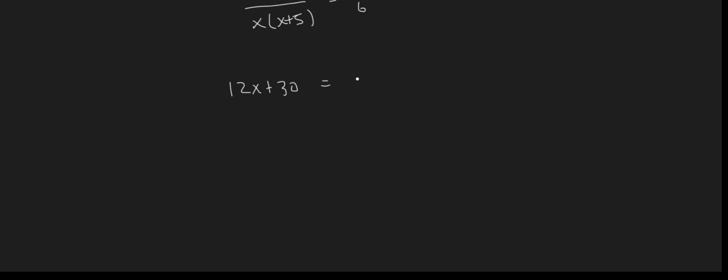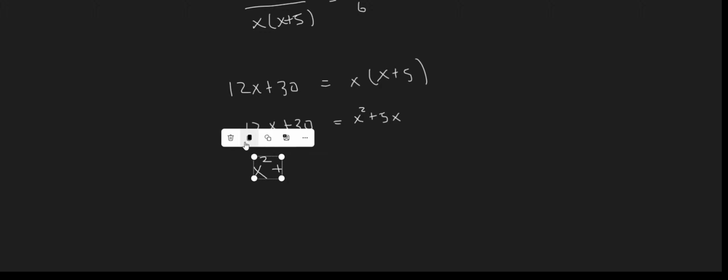We get 12x plus 30 equals x squared plus 5x. Now let's just simplify this. And now it's a simple quadratic equation. You can factor, you can use the quadratic formula. You just subtract 12x and subtract 30.